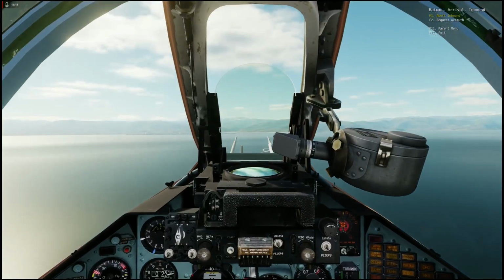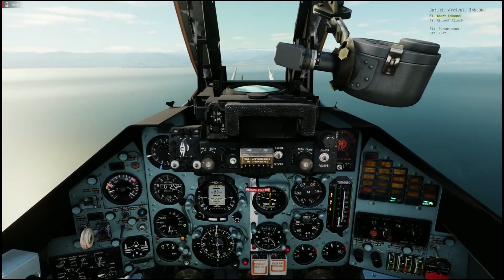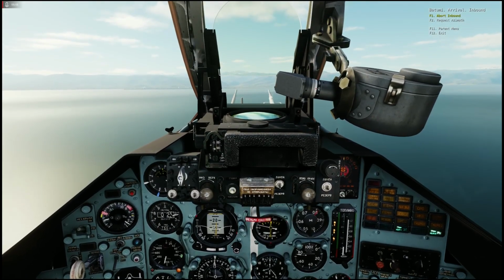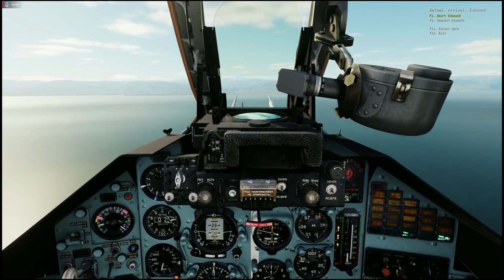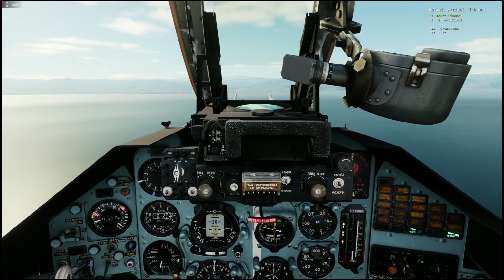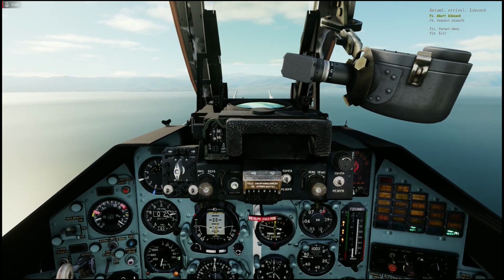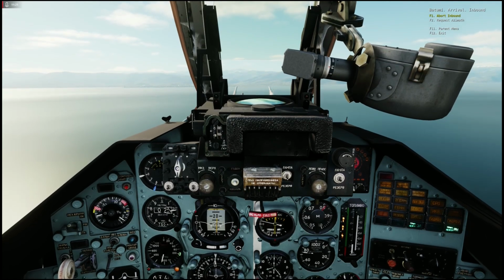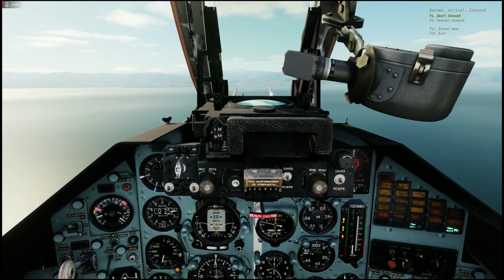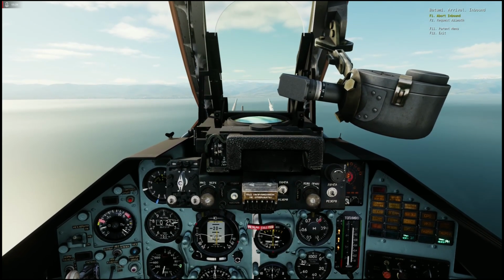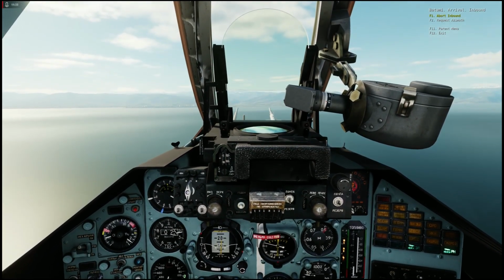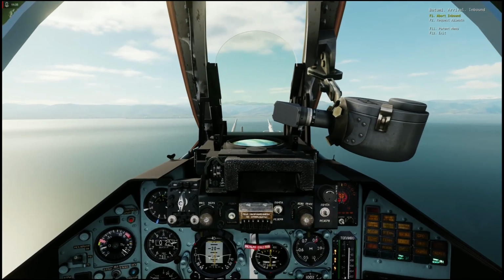So what I'm going to do now is fly according to this one, and I'm trying to keep the yellow vertical line directly through the dot in the middle of the circle, and then I will be looking at my descent rate, altitude and airspeed.